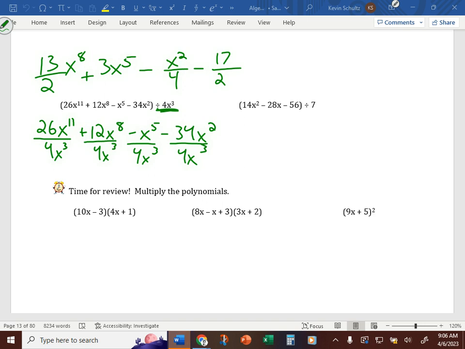How many of them? Just 1. Yep, good. We have 3 x's in the denominator, 2 up top. Those 2 will cancel out with 2 in the denominator, leaving us with just 1. And so negative 17 over 2x is our answer. That's about as complicated as it's going to get, probably. So if you understand this one, then you're in really good shape.